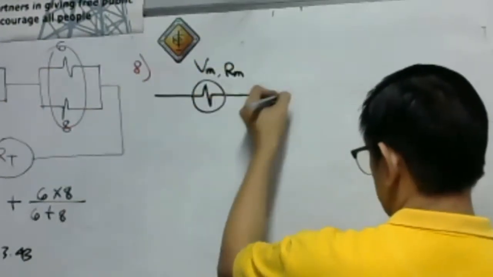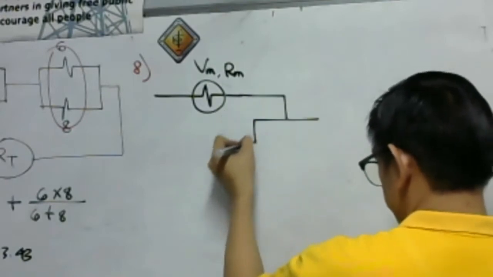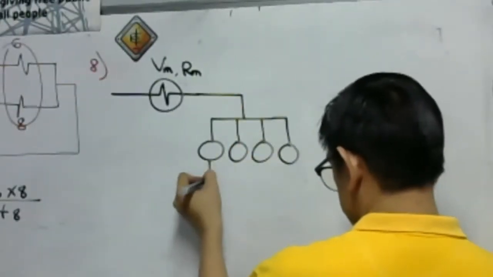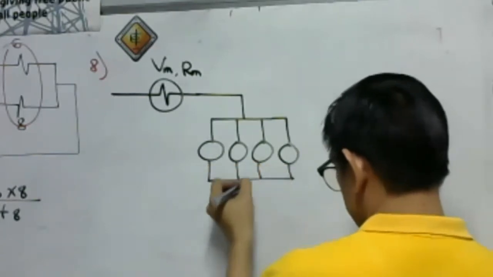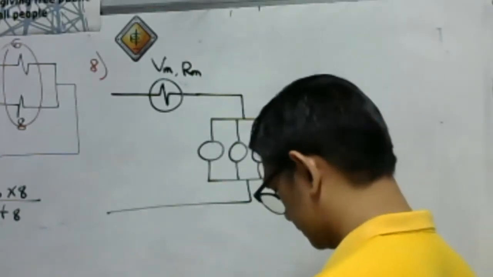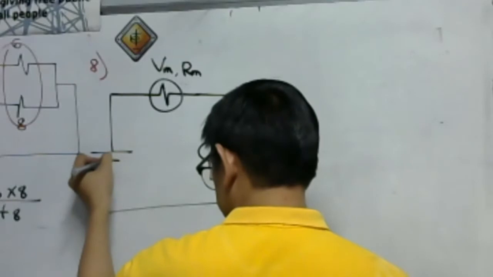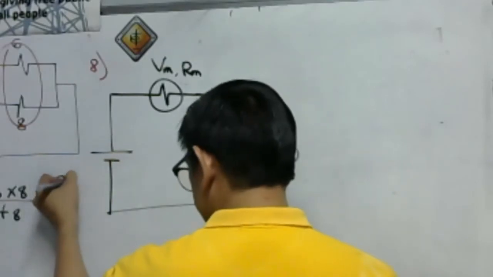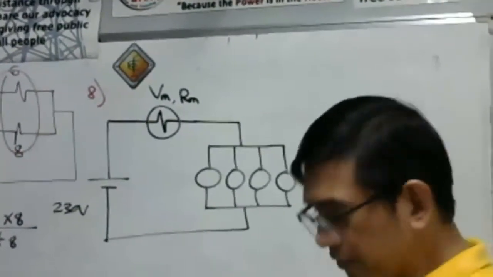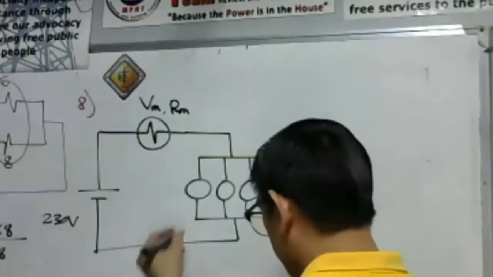Then we have the lamps, 1, 2, 3, 4. We have a source here of 230 volts. So these are the 4 lamps.